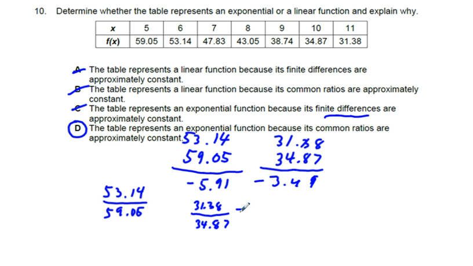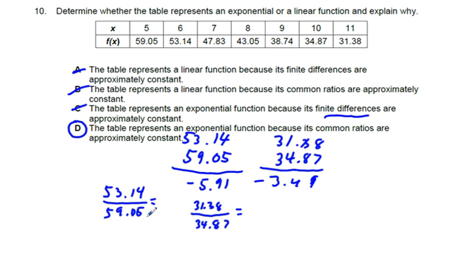Are we going to get anything close there? I think we are. So on a calculator, 53.14 divided by 59.05, we get 0.8999.